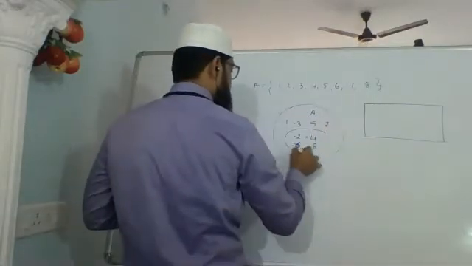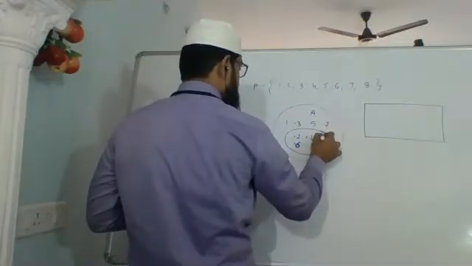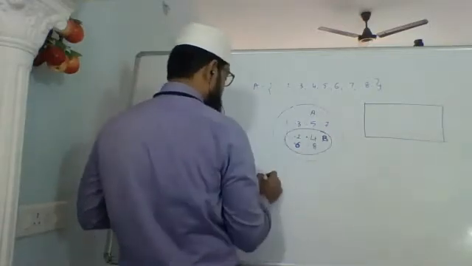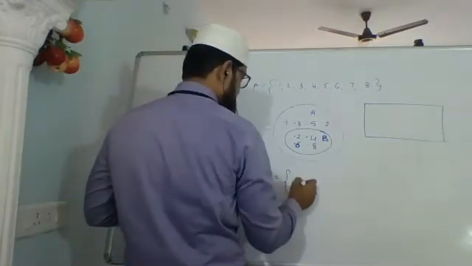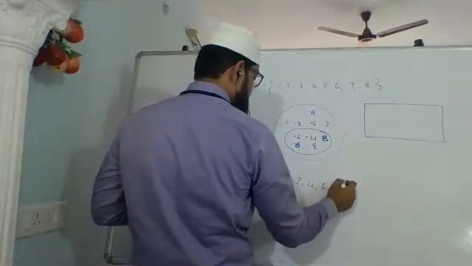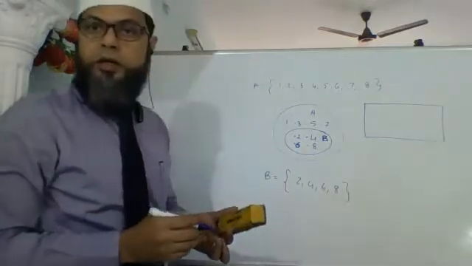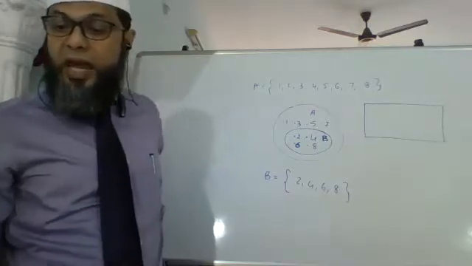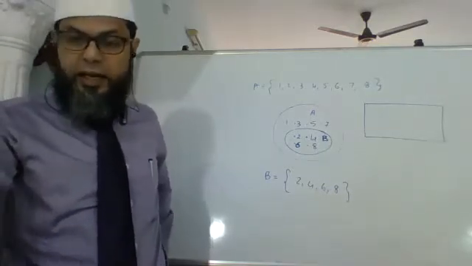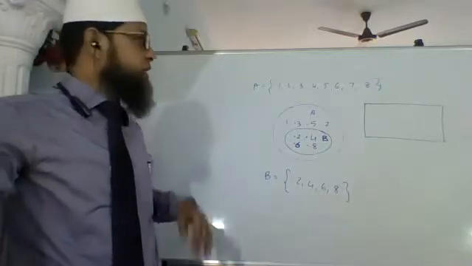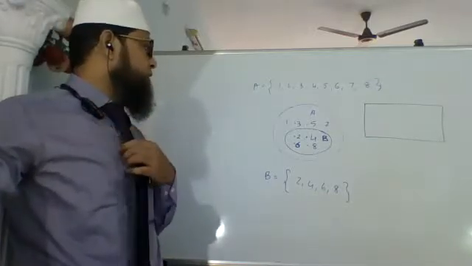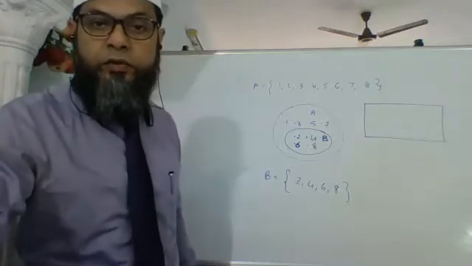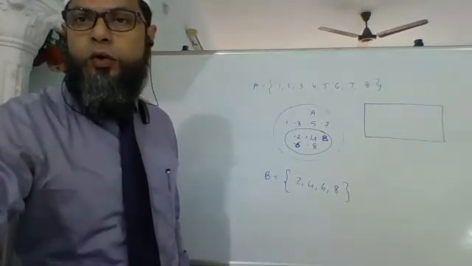Okay, and this is set B. This is set B. Okay, so B would contain 2, 4, 6, and 8. So A is the set which contains the numbers 1, 2, 3, 4, 5, 6, 7, 8. Whereas B contains 2, 4, 6, 8.